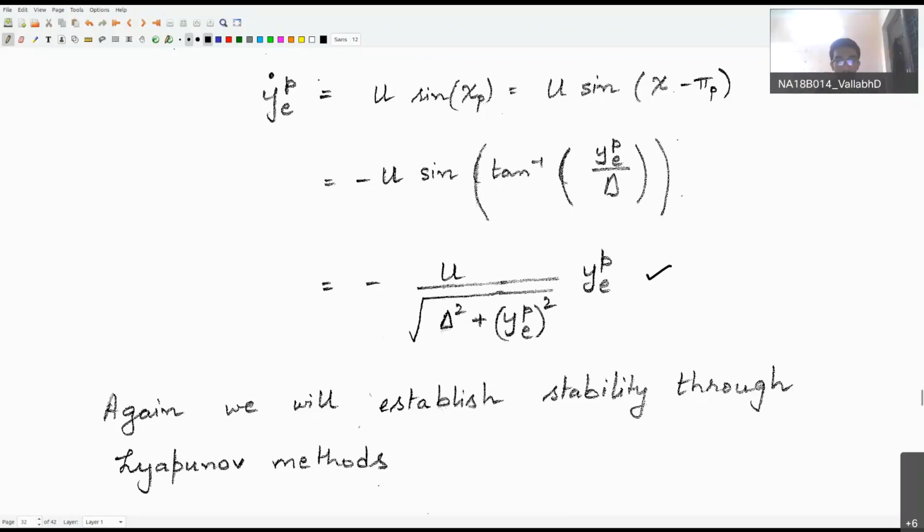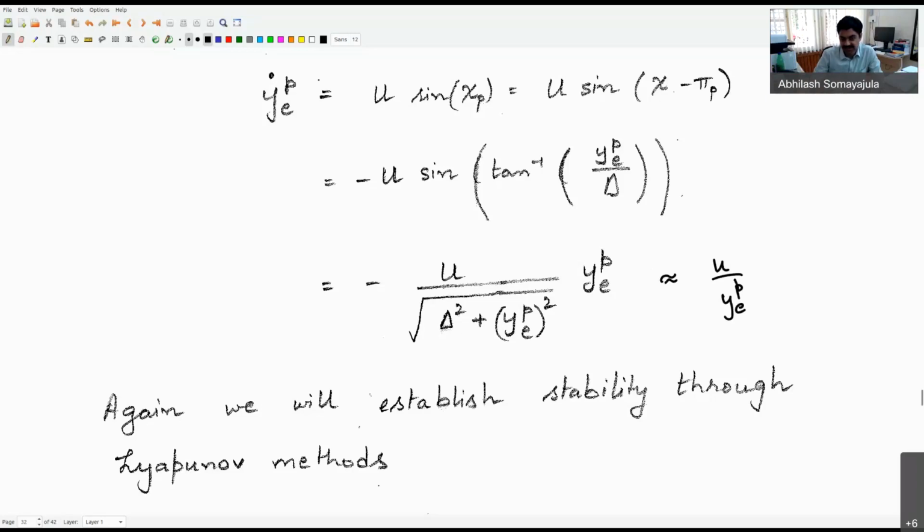Yeah, but what is it saturating to? U. It's actually not saturating, it's becoming a small value. Right? Because Y_pe dot is becoming U divided by Y_pe of some sort, because delta is very small compared to Y_pe, so you are assuming that it is approximately equal to U by Y_pe.